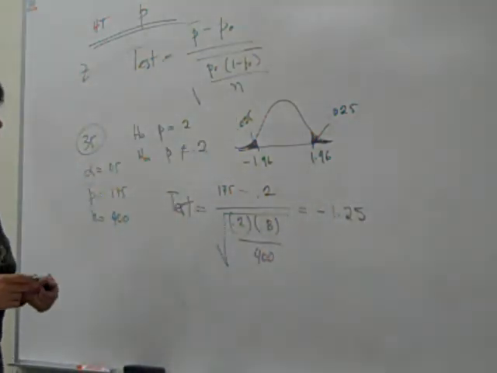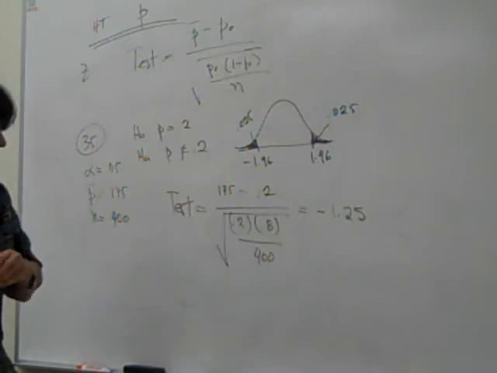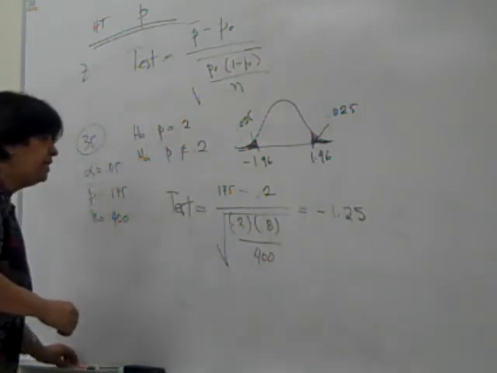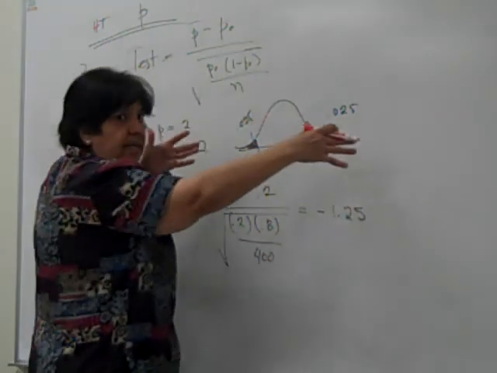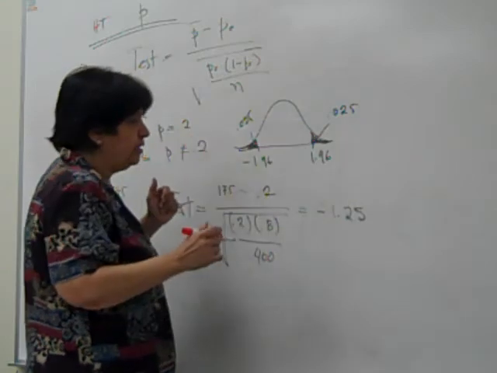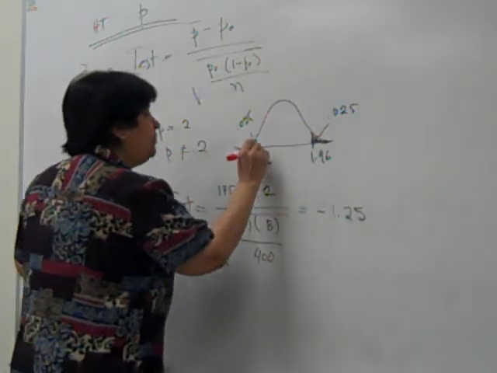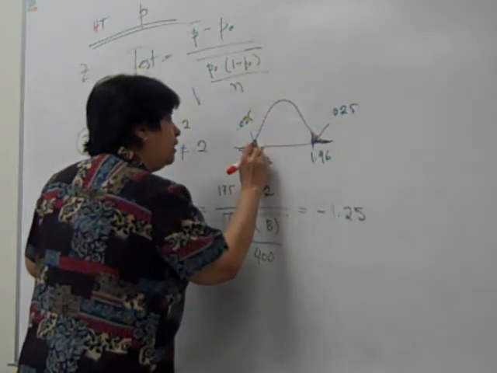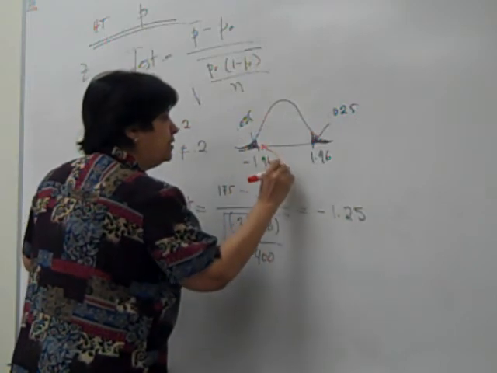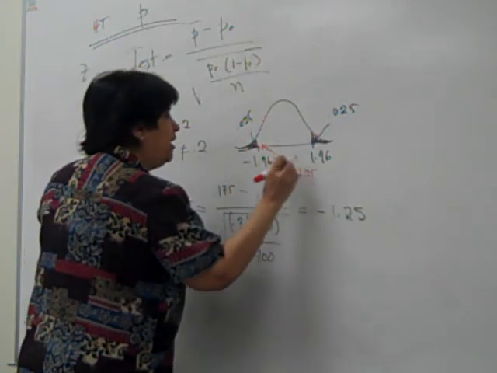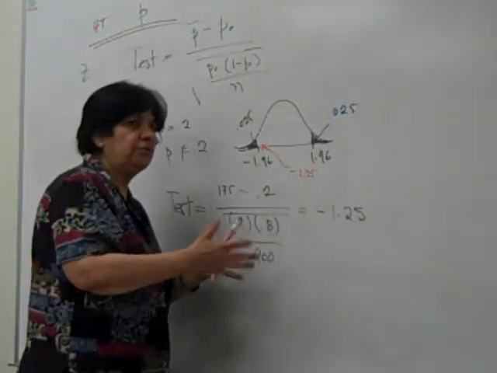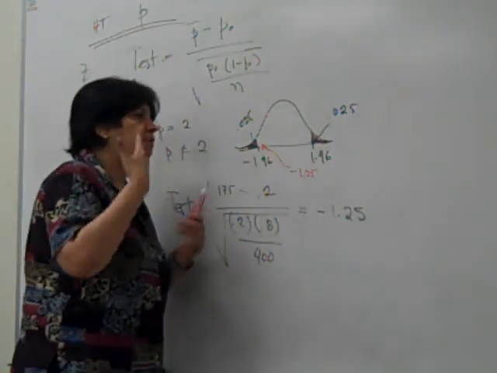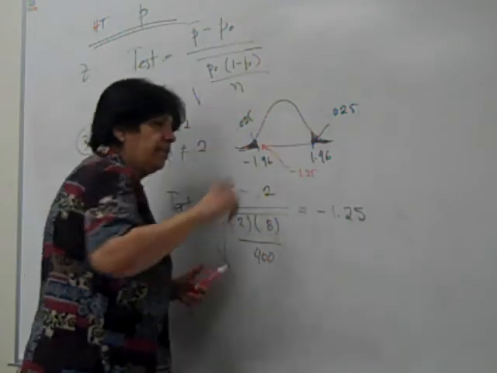Okay, negative 1.25. Where is this negative 1.25 located in my chart? Negative 1.25 is located right in here, and this is the fail to reject zone. Remember, the rejection zone is the shaded area, the fail to reject is inside.